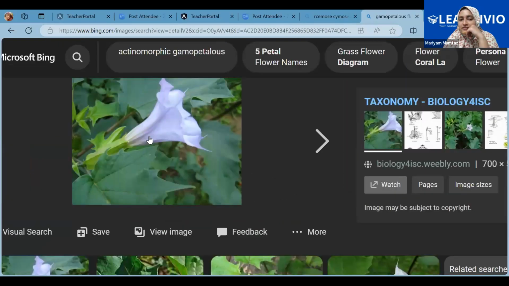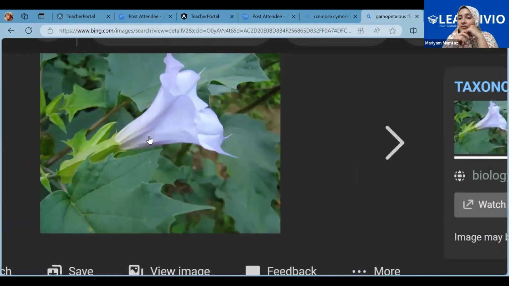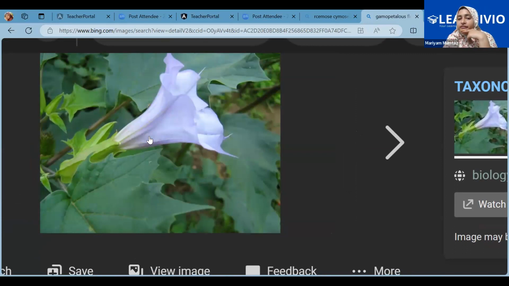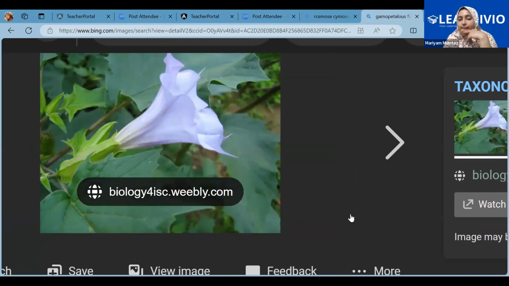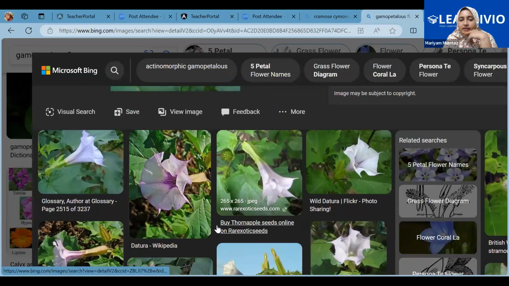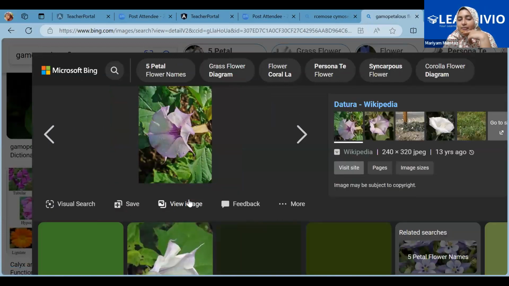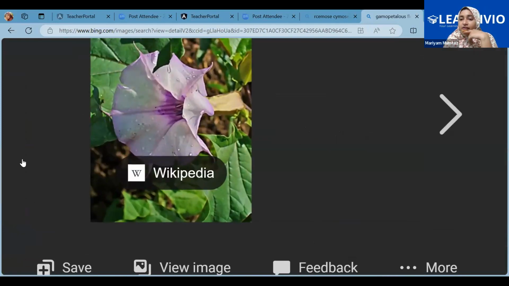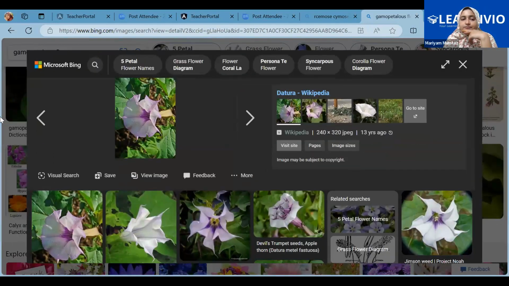Here, this is a flower, but you can't find one petal out of it. It is a whole fused part, right? And it opens at the end. If I ask you to take the petals out of it, will you be able to? No, because here the petals are in a fused form. Clear? Even this one is gamopetalous, meaning the petals are fused. You can't make out different petals out of it, isn't it?